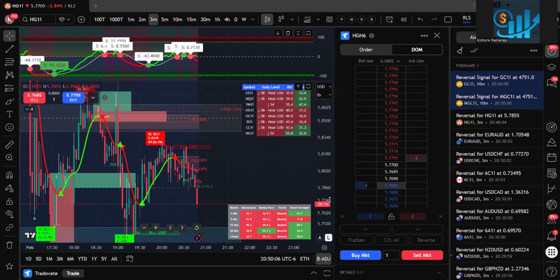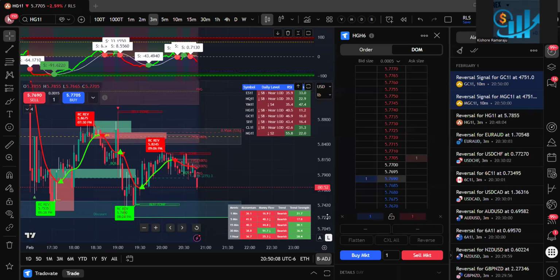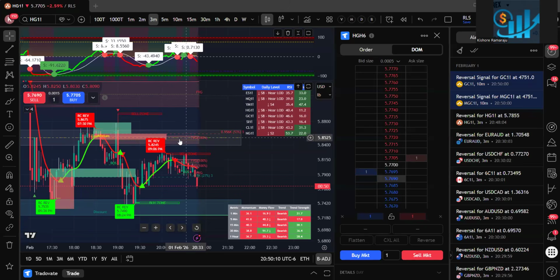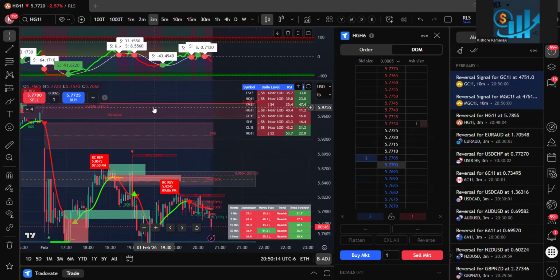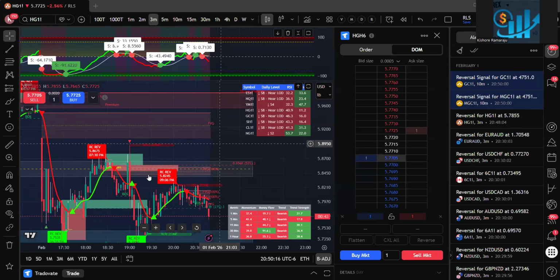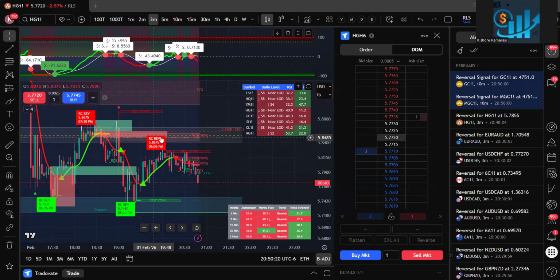But if you see here, your equilibrium or fair value gap zone is here, your premium zone is here. You are very, very far from the premium zone. So you don't want to short when you are very far from the premium zone. Even though it might drop a little bit, you have a higher risk to short here.